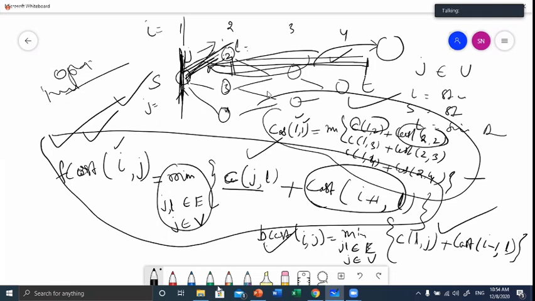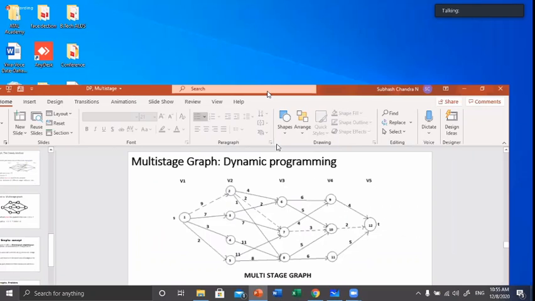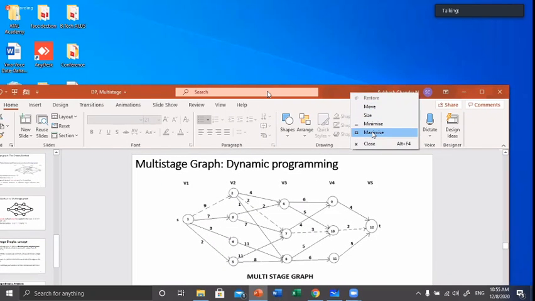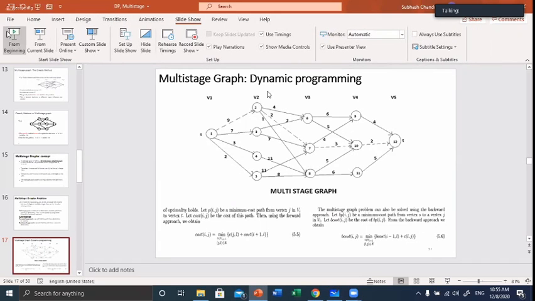Now I'll move to the problem. Once you see here, what I explained now is there in this.